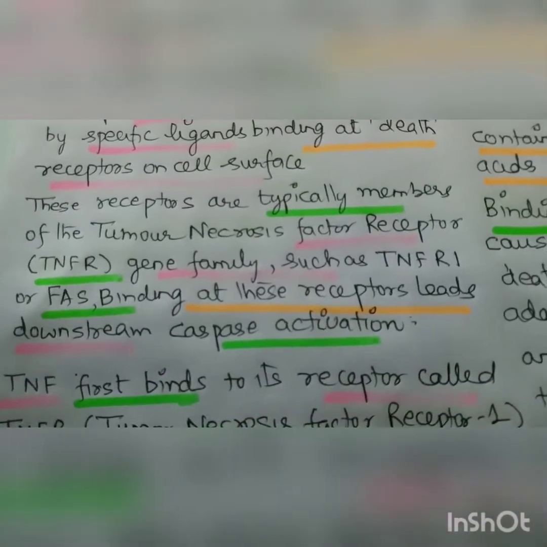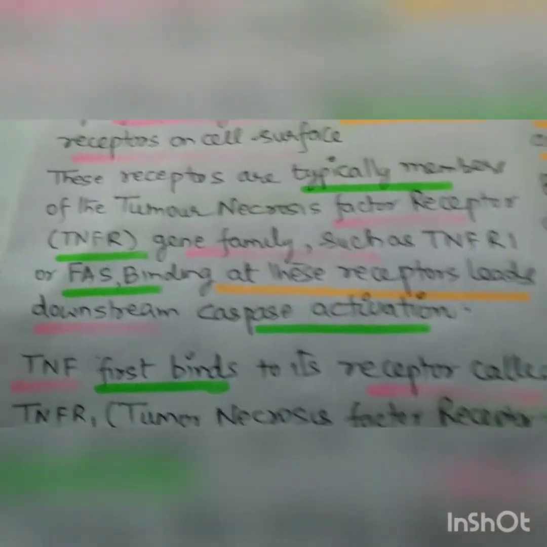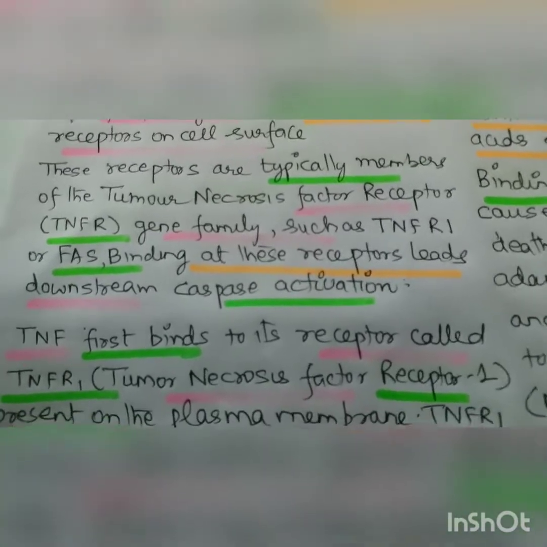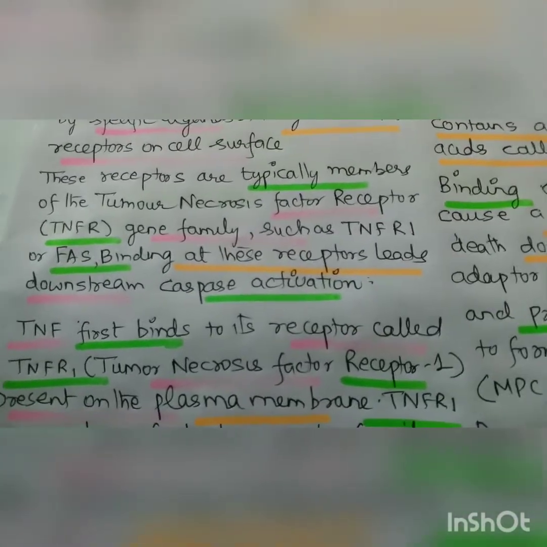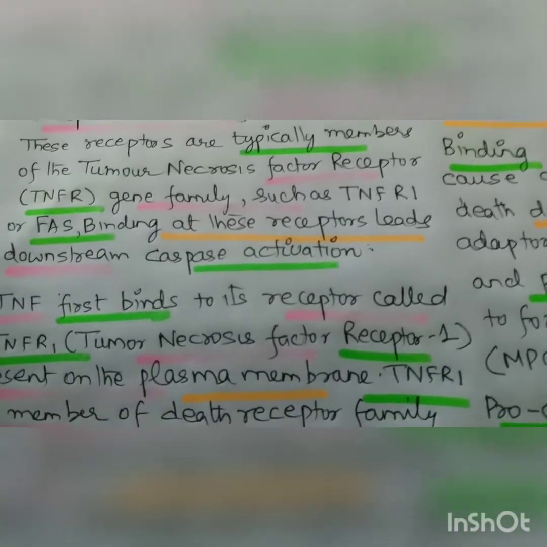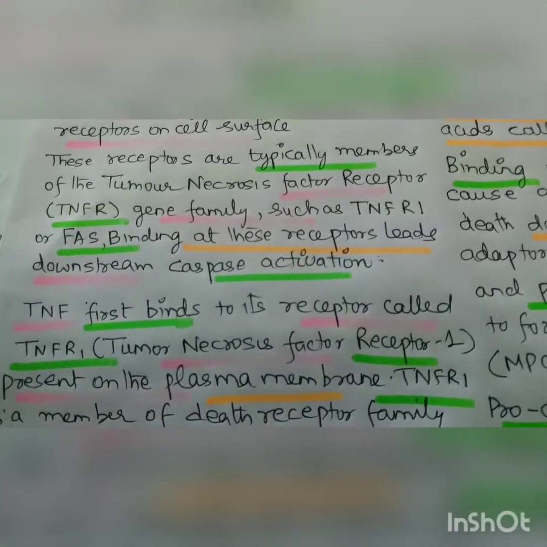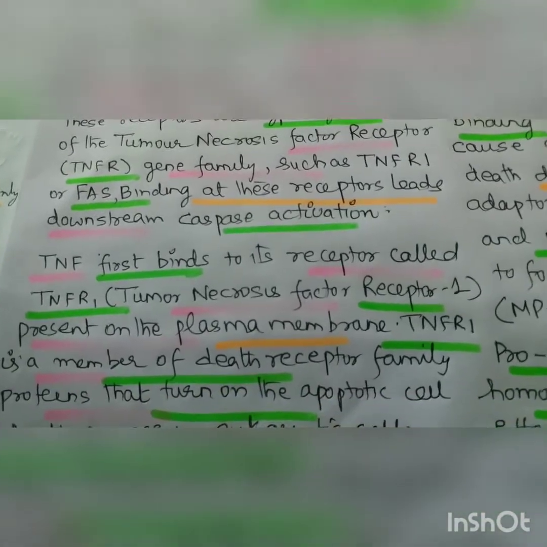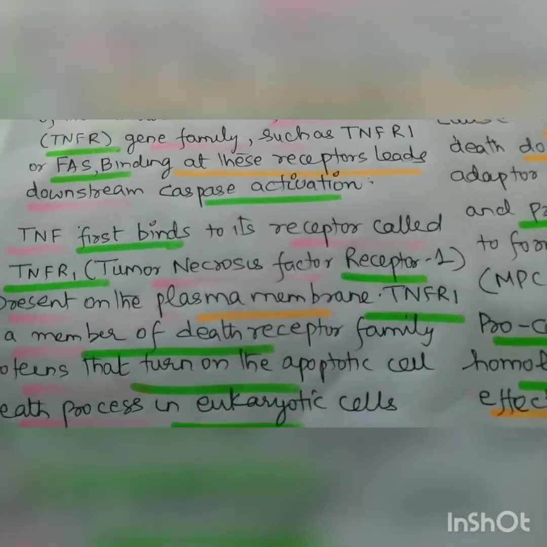These receptors are typically members of the tumor necrosis factor, TNF receptor gene family, such as TNFR1 or FAS. Binding at these receptors leads to downstream caspase activation.